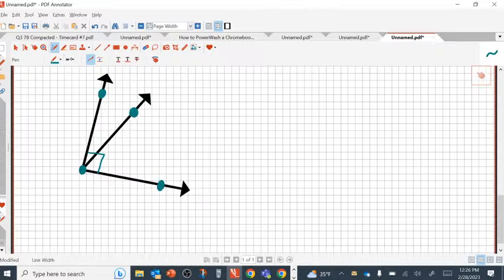Now, I'm going to tell you that the measure of angle ICE is equal to 70.6 degrees.